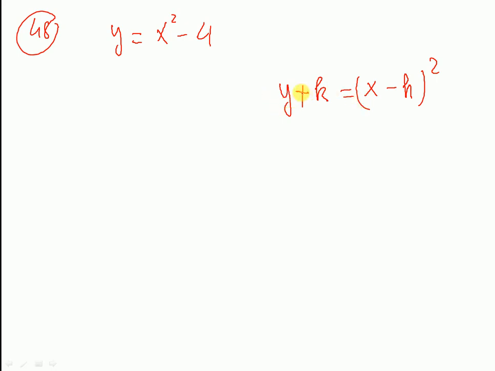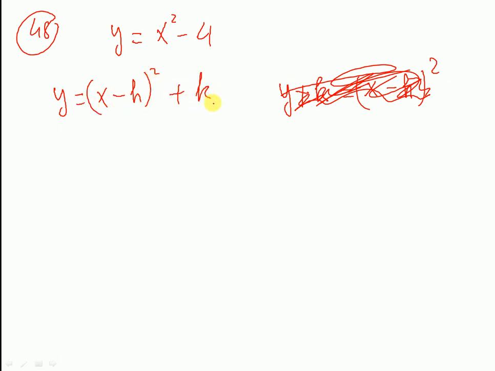Sorry, this should be plus. Let me rewrite this here, easier to see. Now y equal x minus h squared plus k should be this one. So the standard equation of the quadratic equation is y equal x minus h squared plus k, and the vertex for this type of equation is h and k, right?